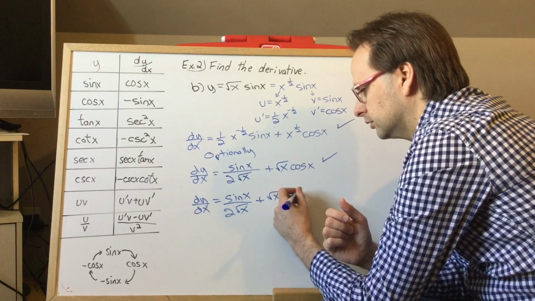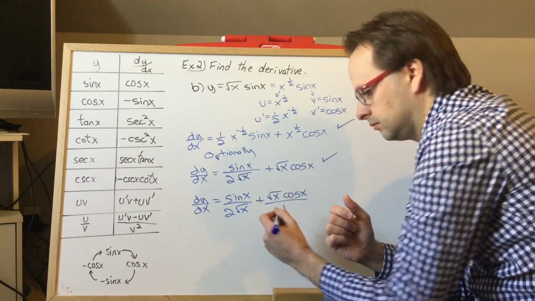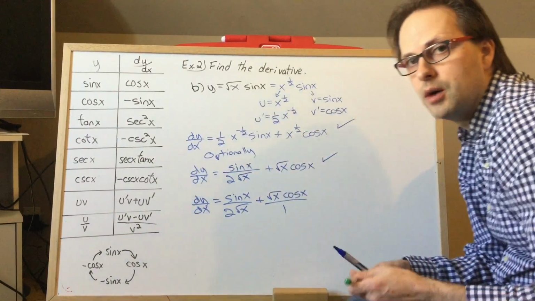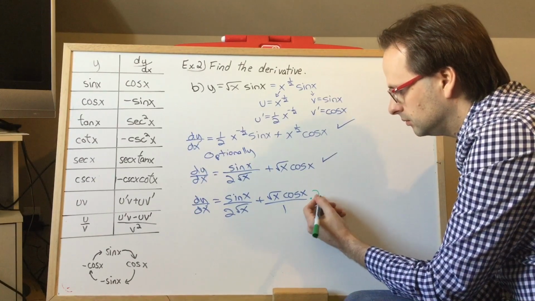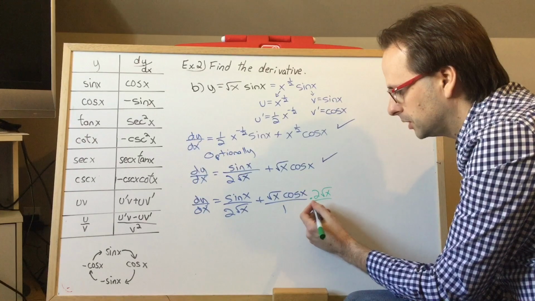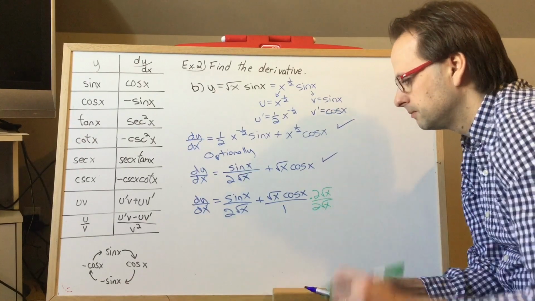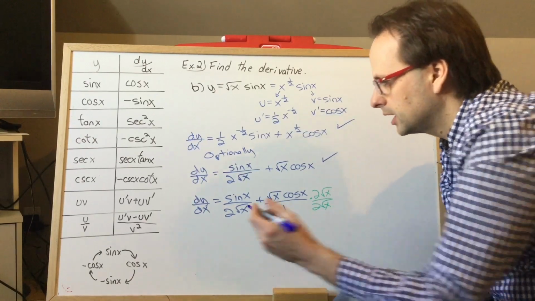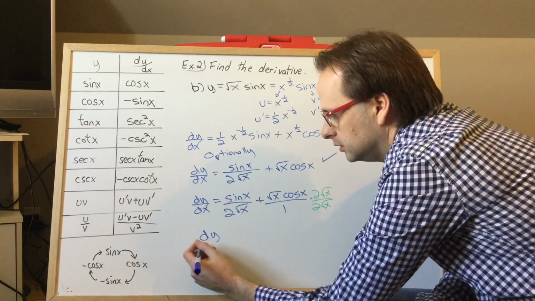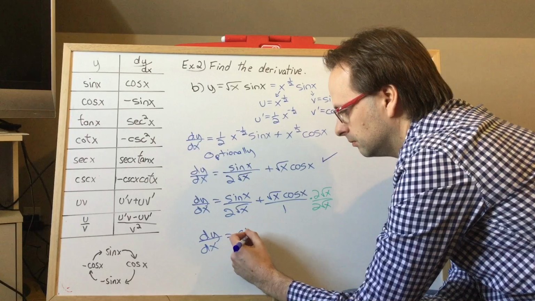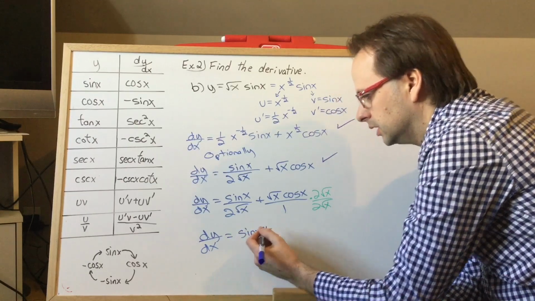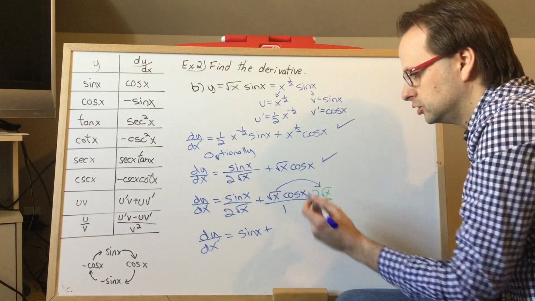Really, I've got root x cos x over 1. If I want a common denominator, maybe I'd times the top and bottom of this by 2 root x. And what would that give me? Well, that would give me dy by dx is sine x plus, let's check this out, root x by 2 root x.